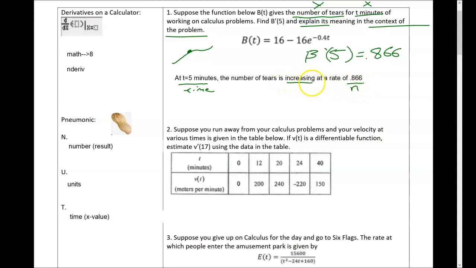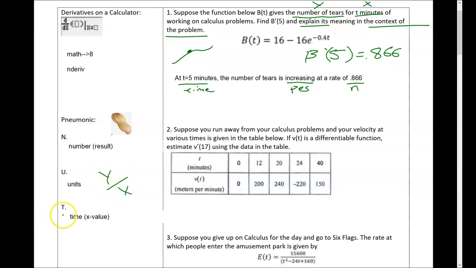And notice I said increasing here, which is better than changing, right? I said increasing because my derivative was positive. If it had been negative, I would have said decreasing. We already know that, right? So I have my number, my time. I need a unit here. And my units are always going to be, and you've known this about slope for a while now, in units of y per x.